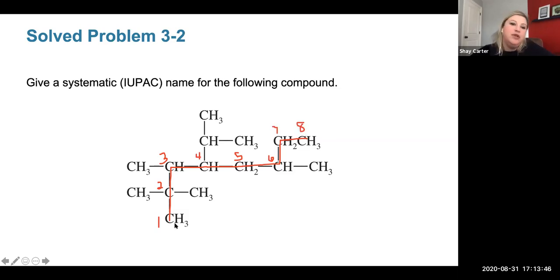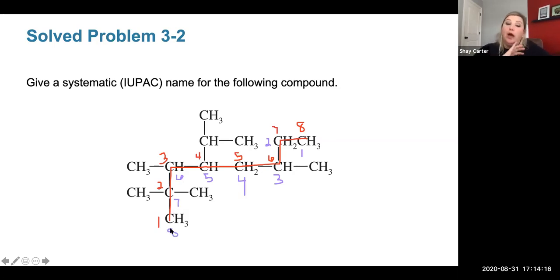Okay. If we start numbering down here, then we're going to run into 2 methyl groups on our second carbon. If we go the other way, I'm going to draw this in purple. 1, 2, 3, 4, 5, 6, 7, 8.